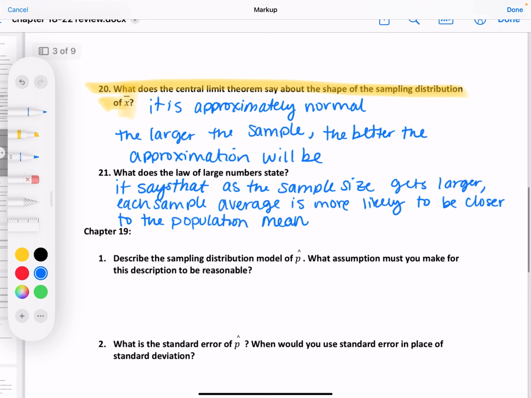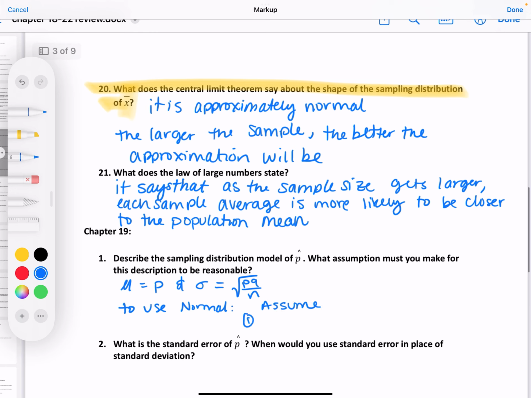All right, finally on to chapter 19. Describe the sampling distribution model of p hat. What assumption must you make for this description to be reasonable? So mu is equal to p and sigma is equal to the square root of pq over n. So to use the normal model, we must assume two things and then check the three conditions.